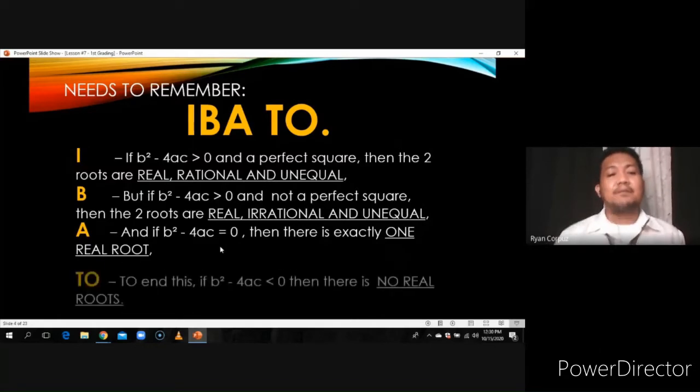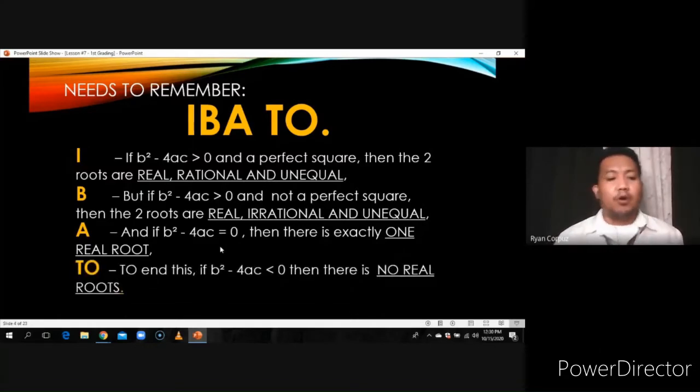Then lastly, to end this, if b squared minus 4ac is less than 0, then there are no real roots. So again, if you made use of this expression and you come up with a discriminant which is less than 0, or in other words, a negative number, then there are no real roots.